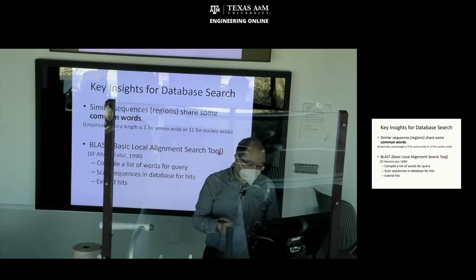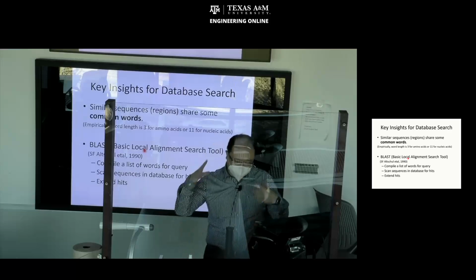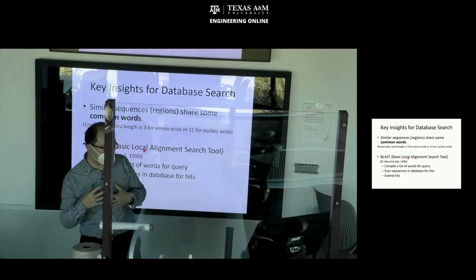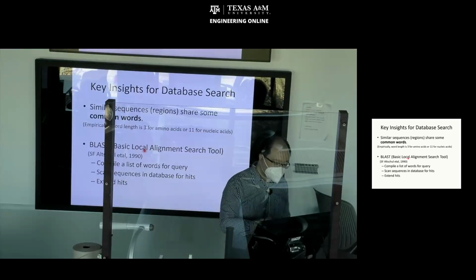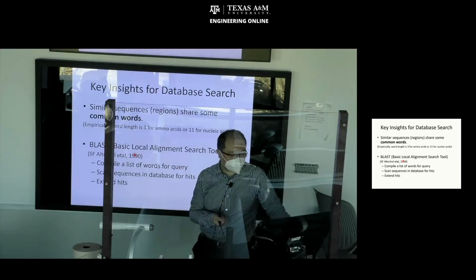As you can see from the name, it's a database search tool, and it's for local alignment. As long as you have some subsequences or regions that can be identified, commonly shared, then that's fine. It was first developed actually more than 30 years ago. It's one of the top 10 most cited papers.